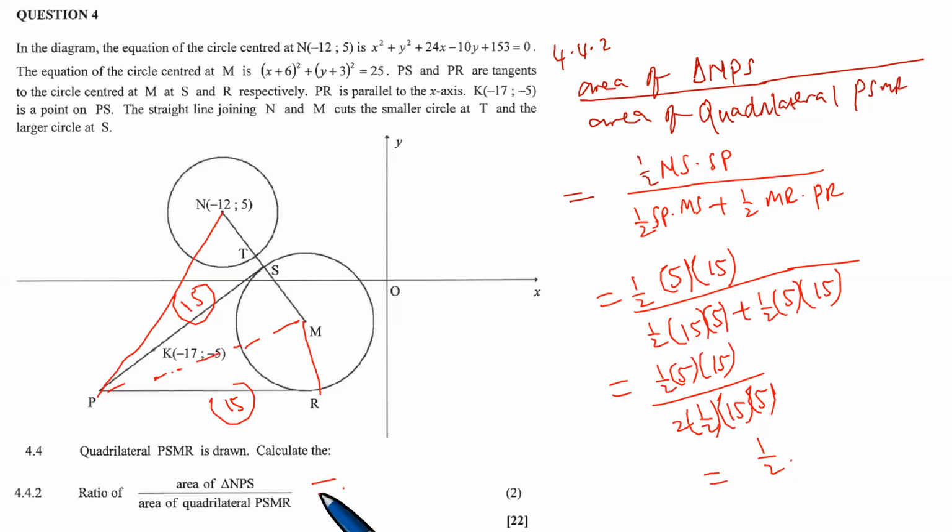So which means that the ratio of these areas is 1/2. All right, 2 marks.